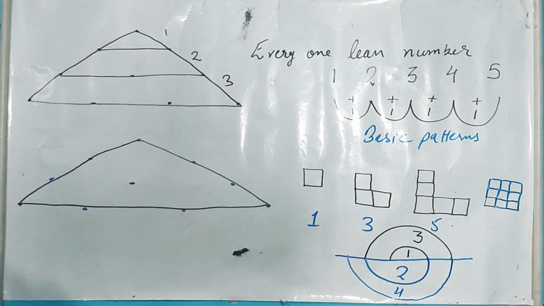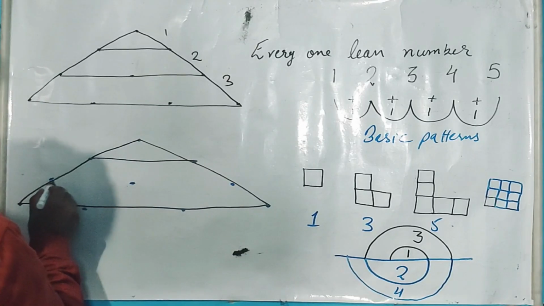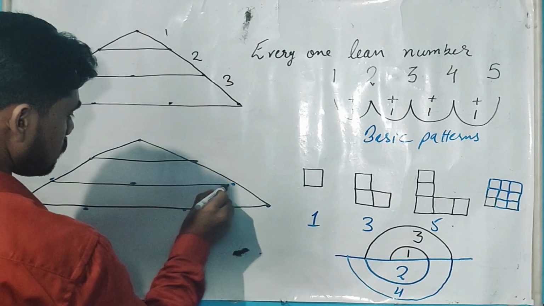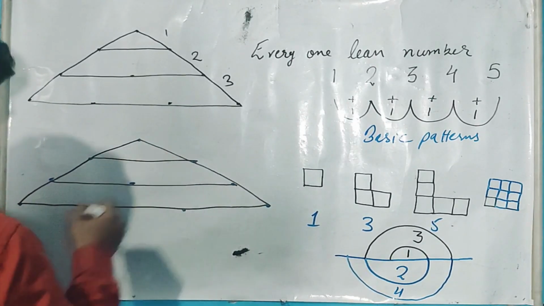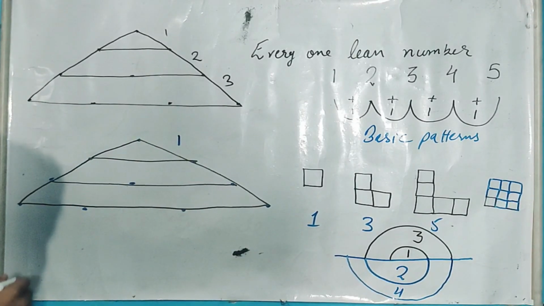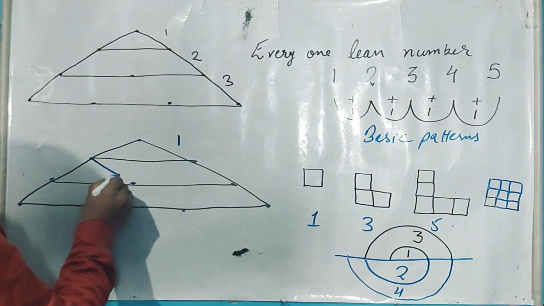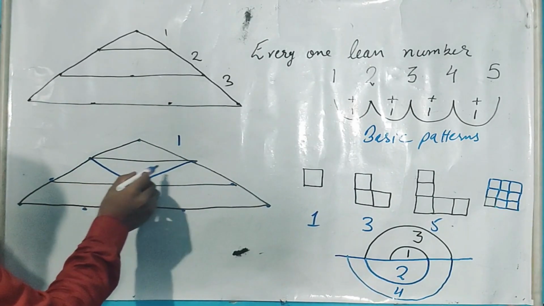But you see that there is one pattern behind this. What? This one is 1. If we join these points, 1, 2, 3.